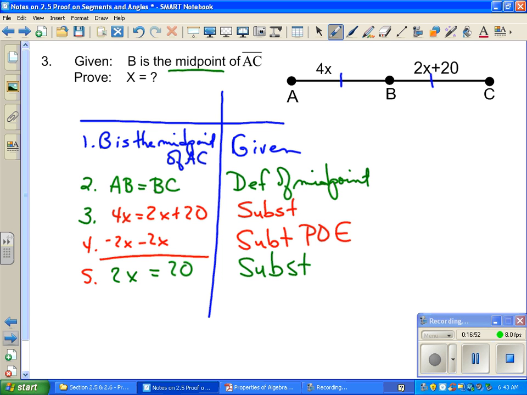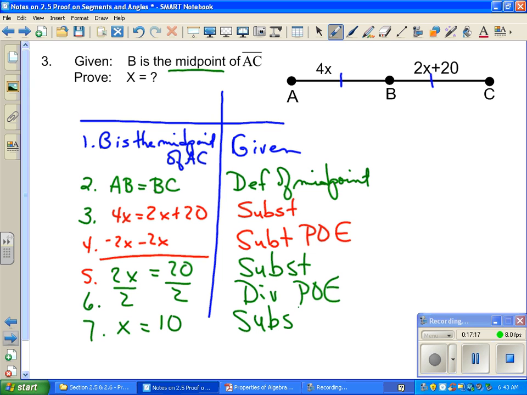So every time you have the word add, subtract, multiply, or divide, if you're showing that adding and subtracting, you're going to have to say you substituted in the answer. So I only see multiplication left, so I divide by 2, use the division property of equality, and when I divide that out, I'm going to get x equals 10, and I substitute in the answer.